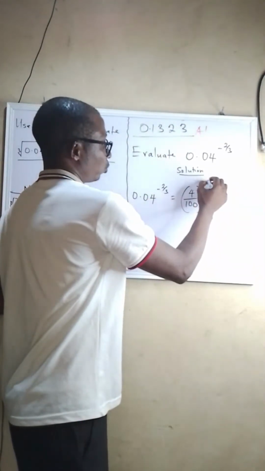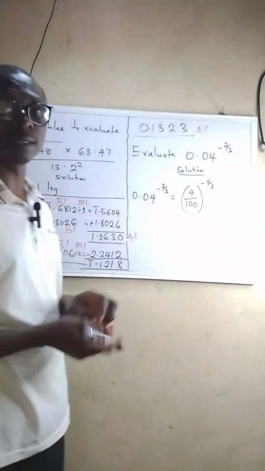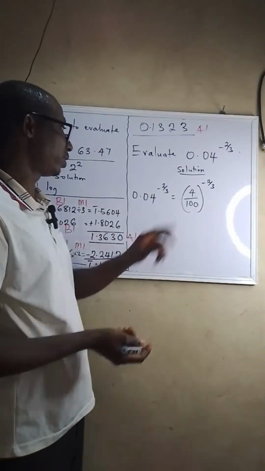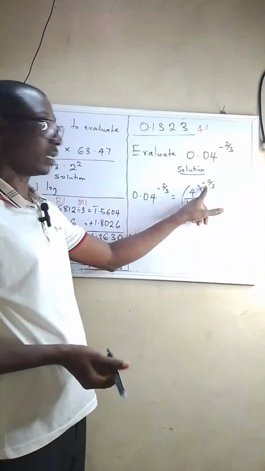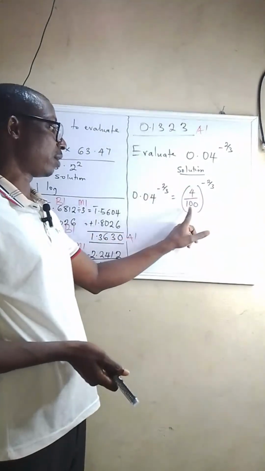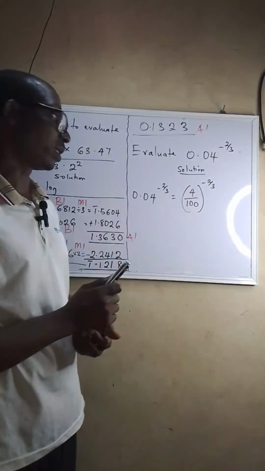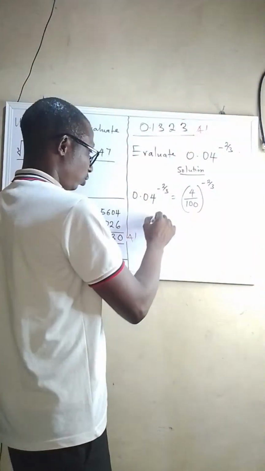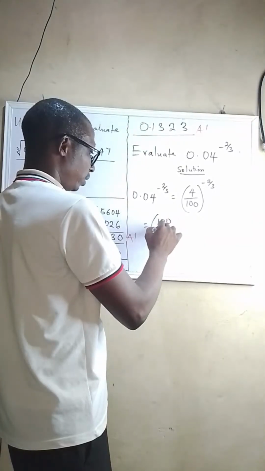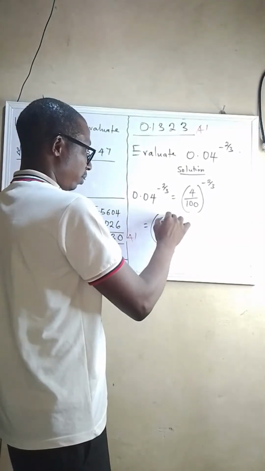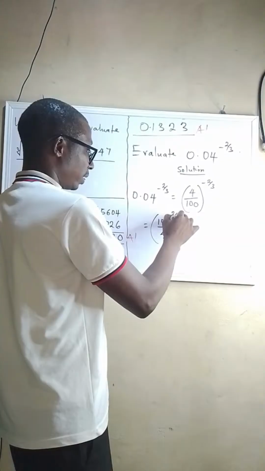Now the next thing is to remove this negative. When you remove the negative, the denominator moves up while the numerator comes down. So this turns to 100 over 4 raised to the power of 2 over 3.